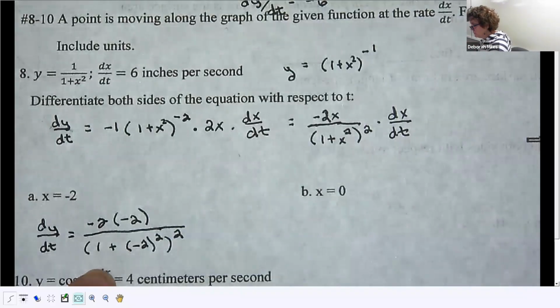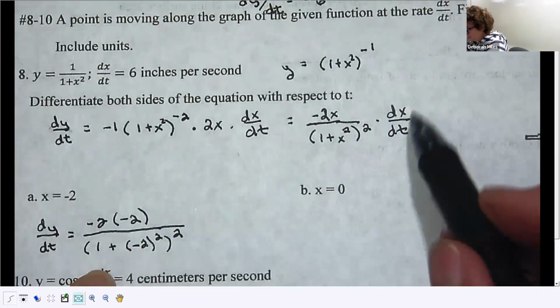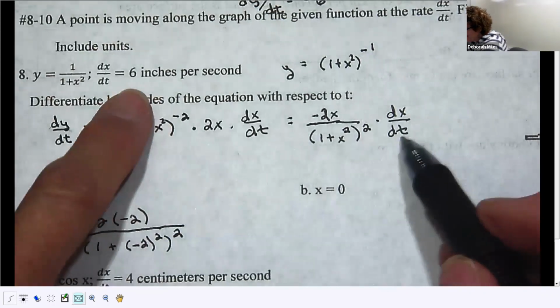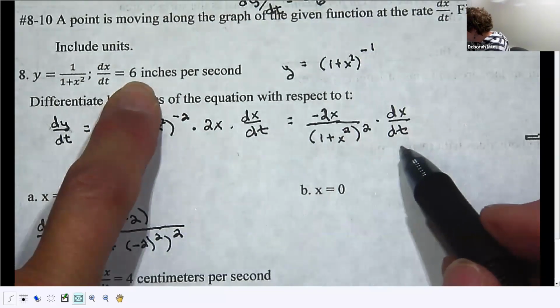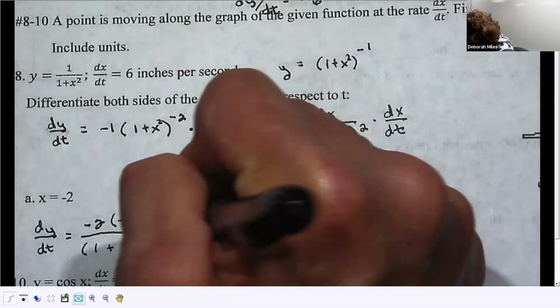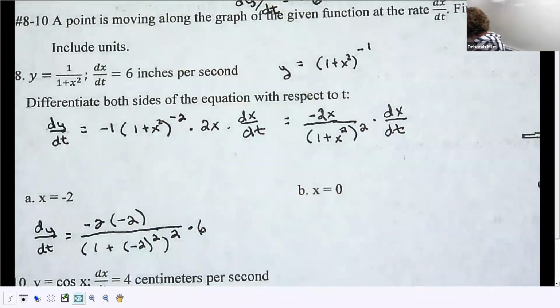Anything else? What else is part of that derivative? Dx over dt, and we were given that dx over dt was 6. So I could say times 6.